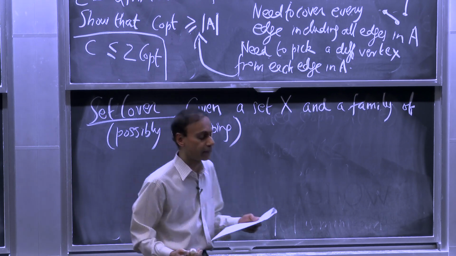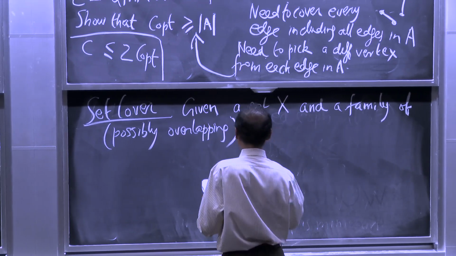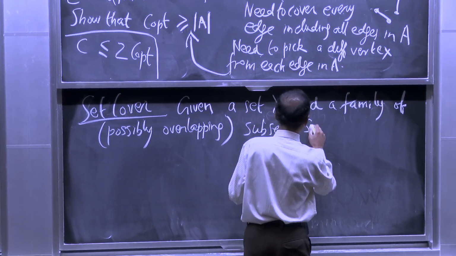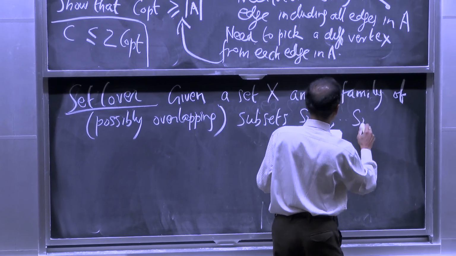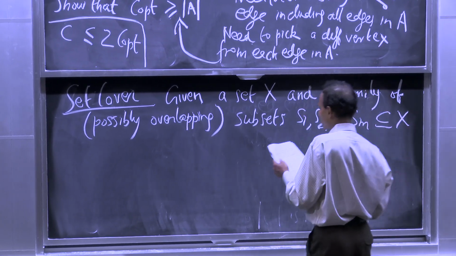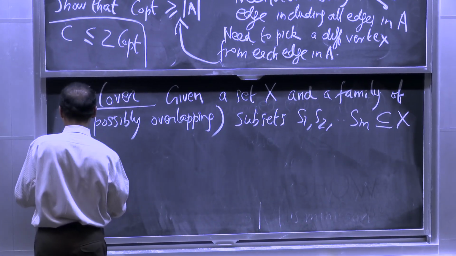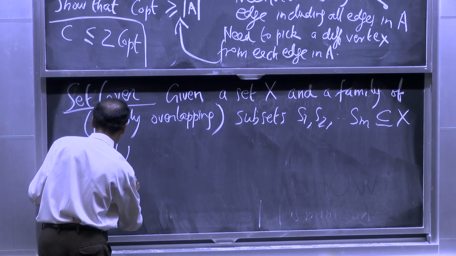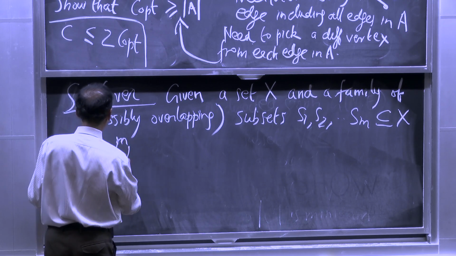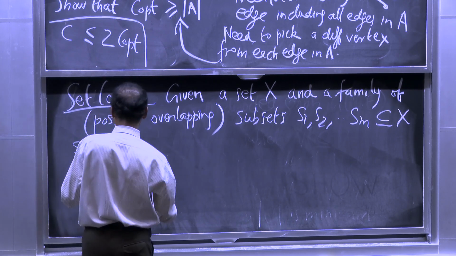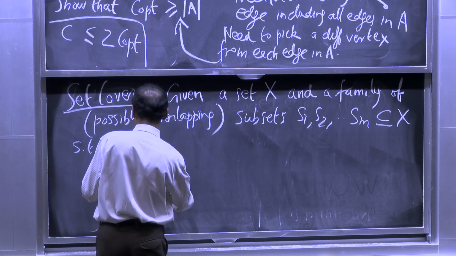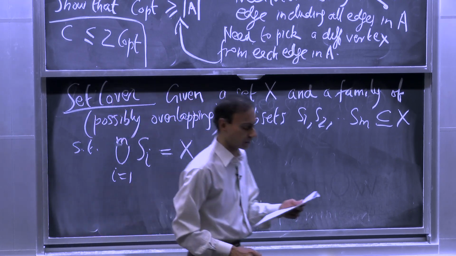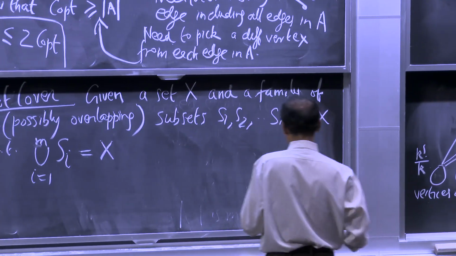So you do have a family of possibly overlapping subsets, S1, S2, Sm, subset of or equal to X. So that's that big set that we have, such that I want to cover all of the elements. So that's what this little equation corresponds to. The union of all the selected Si should equal X. Right, I need to cover it all.